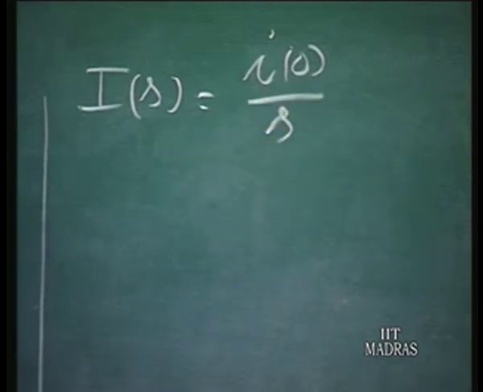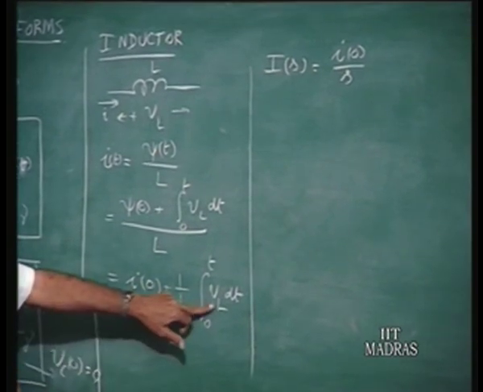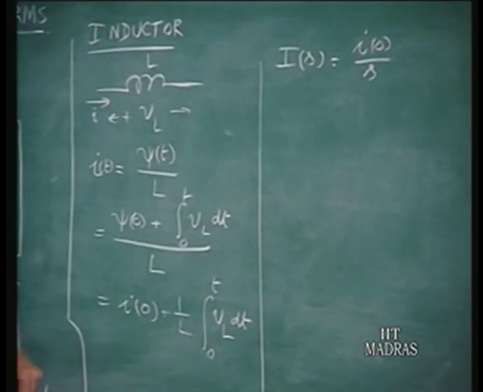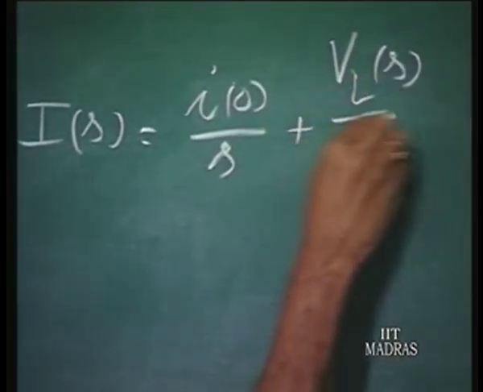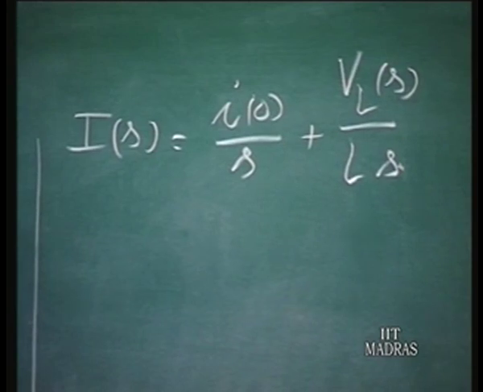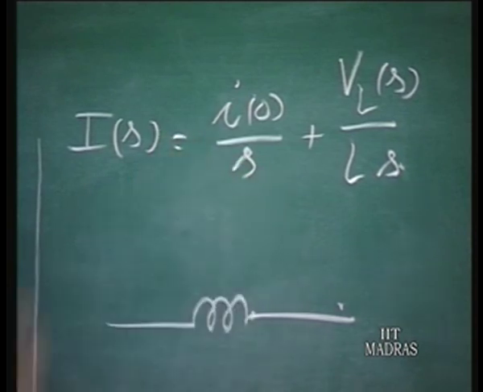And again, we have a definite integral from 0 to t of VL dt, therefore if VL(t) has a Laplace transform VL(s), this will be VL(s) over s, and we have 1 over L also, therefore we have VL(s) over Ls. That is the equation that describes the terminal relations of an inductor in the transform domain. Obviously, therefore, you have an equivalent circuit like this in the transform diagram which represents this equation.